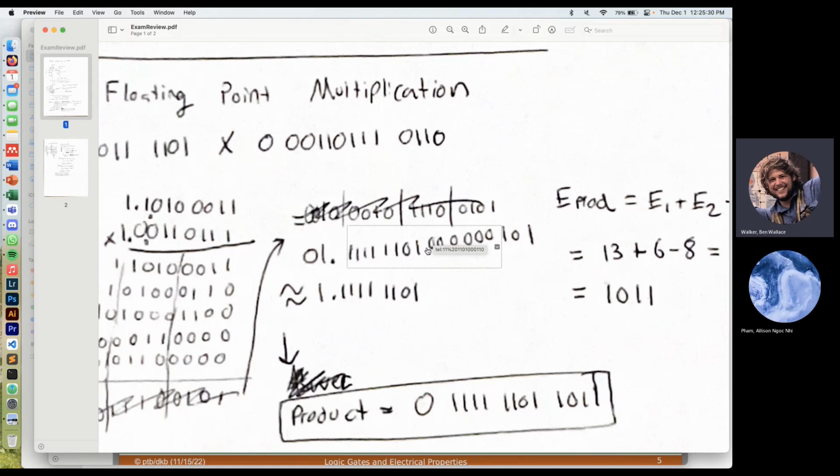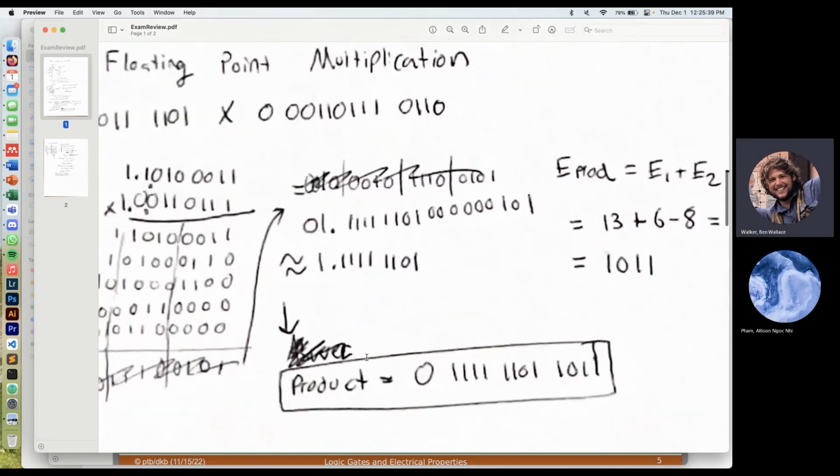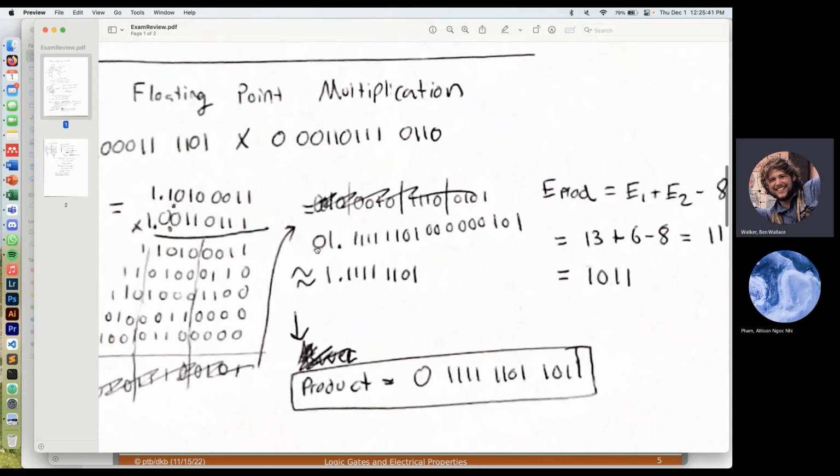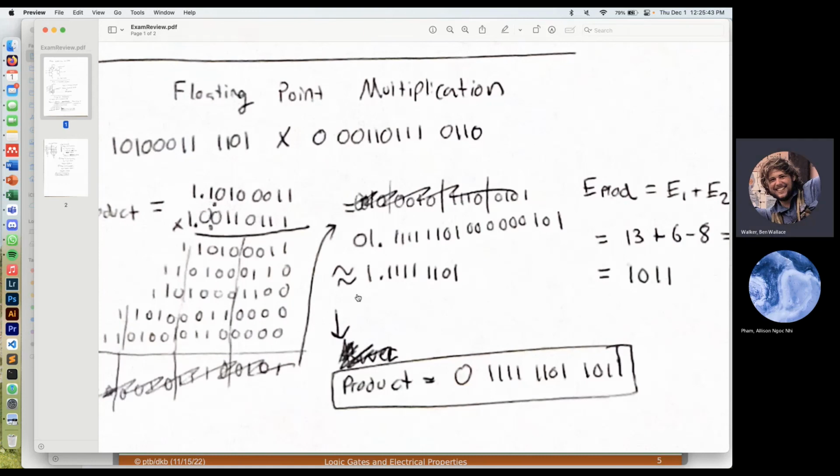And then here you shifted this decimal point over. Did you have to account for that in the exponent? No. There's one leading bit here, and there's one leading bit here, so this is where the decimal point would be directly after the computation.